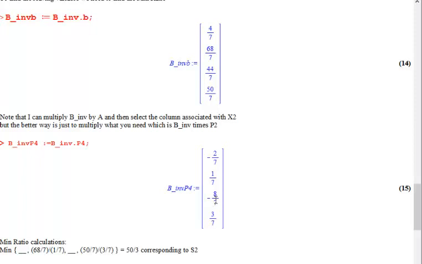calculation for the ratio, and this one is going to be 68 over 7 over 1 over 7, and 57 over 3 over 7. From these two, the min ratio is 50 over 3, which corresponds to S2.